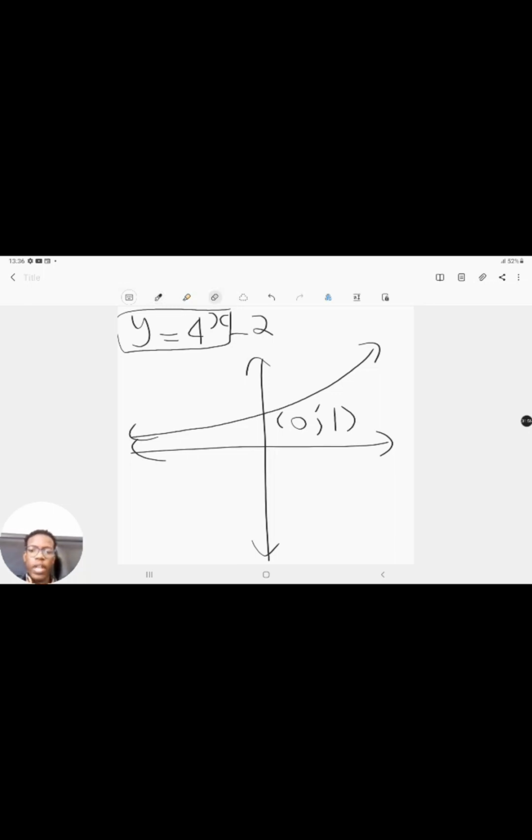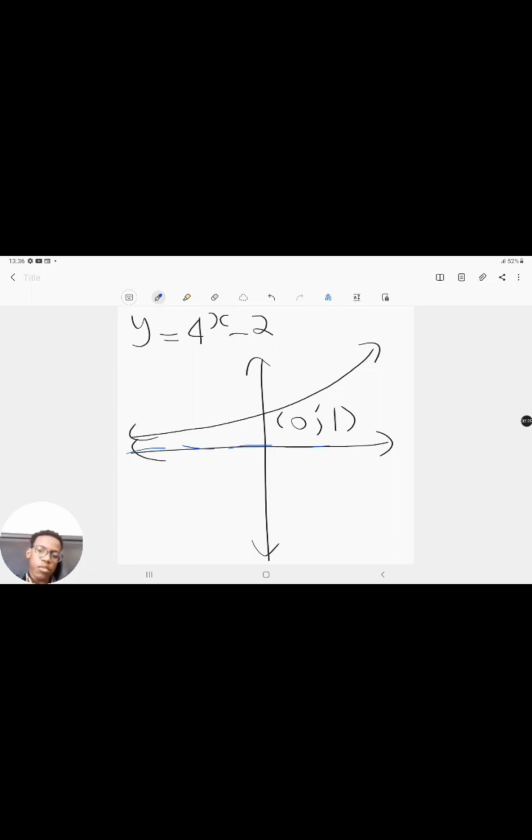Okay, cool. Now that I know what my original will look like, what does the graph I'm being asked to sketch look like? Well, I know that it shifts down by 2 units. So I'm going to take this graph here and move it down by 2 units. That's essentially what this is telling me: shift the original graph of 4 to the power of x down by 2 units, not just the graph itself, but also the asymptote.